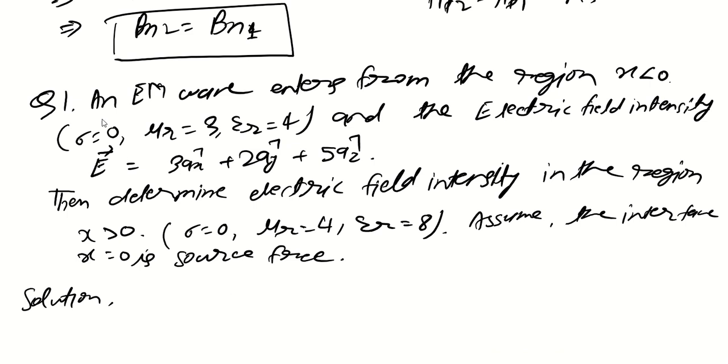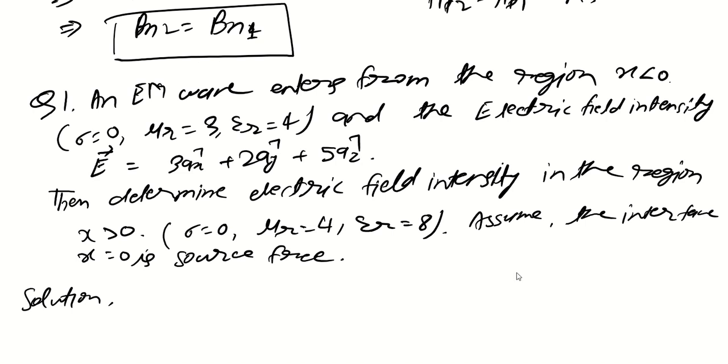Alright, so we have a question that an electromagnetic wave enters from region x less than 0, which has the properties sigma equal to 0, that is conductivity is 0, mu r is 3 and epsilon r is 4, and the electric field intensity is given as 3ax plus 2ay plus 5az. Then we have to determine the electric field intensity in the region x greater than 0, which has sigma equal to 0, mu r equal to 4 and epsilon r equal to 8.